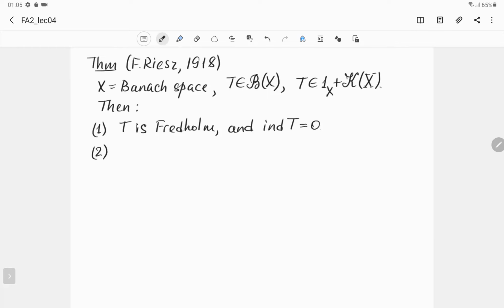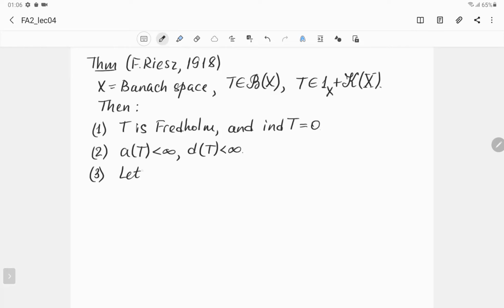Second, I claim that T has finite ascent and finite descent. And finally, part 3. This is a kind of analytic form of the Riesz decomposition.